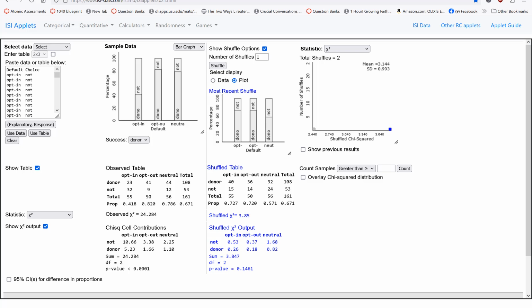Again, the bars look pretty similar as far as height. They're not exactly the same, but they are much closer. If I shuffle again, this time they're really close, and my chi-squared is really small. I can just keep shuffling, and every time I shuffle, I get a different bar graph because I'm just distributing the donors and non-donors into my groups in a different way. I get a new shuffled statistic, and I put it over here on my graph.